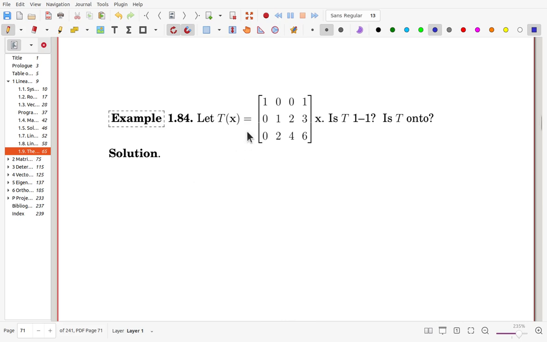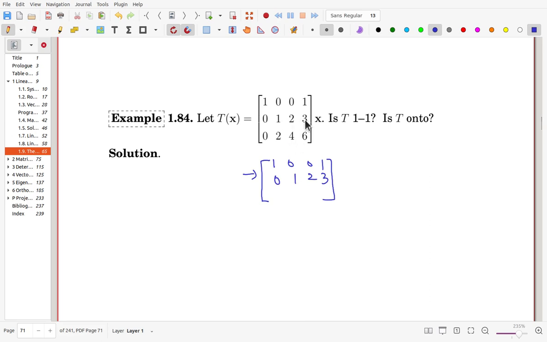Okay, how about this one? This is not in echelon form. From the given matrix A, we have to make it echelon form. It's 1, 0, 0, 1, and then 0, 1, 2, 3. These two rows are essentially the same.